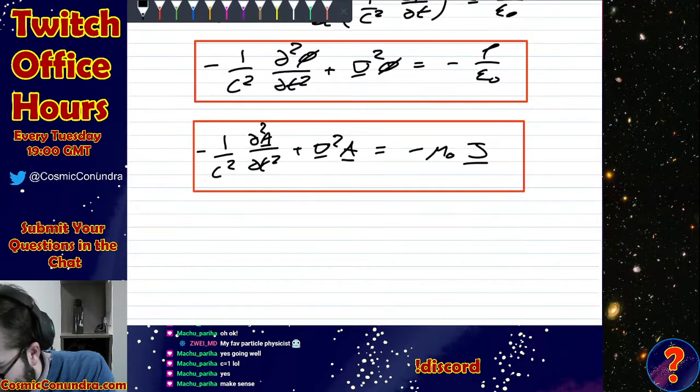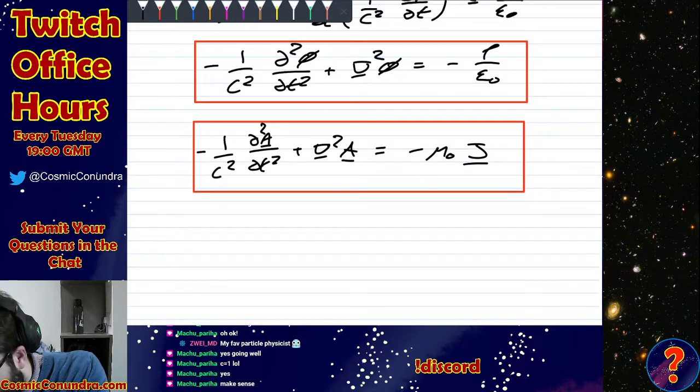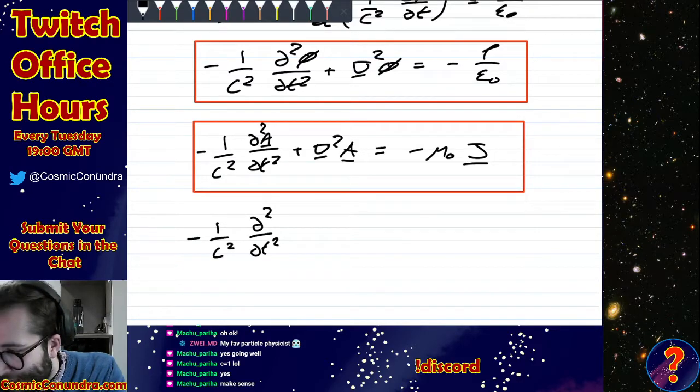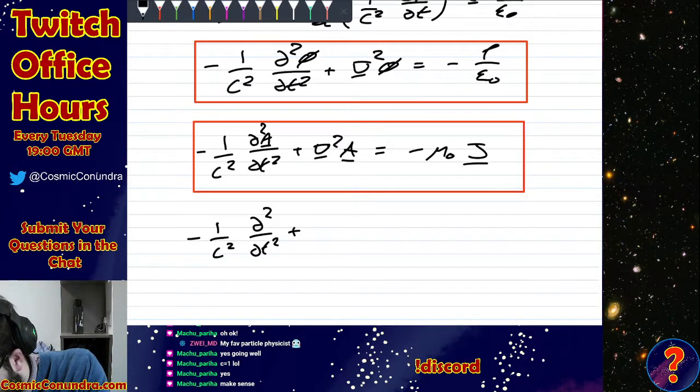What we can do is we can separate out the left-hand side here into an operator that looks like this, which is just an instruction to take the second derivative of whatever you multiply by on the left, and then another instruction to take the Laplacian.